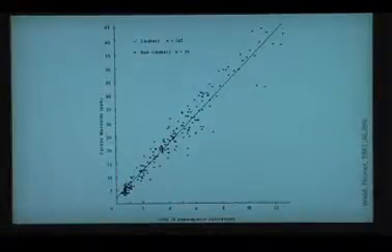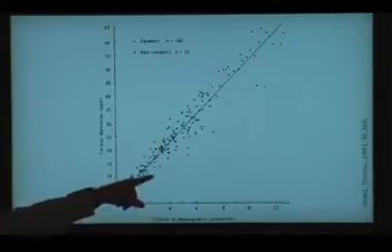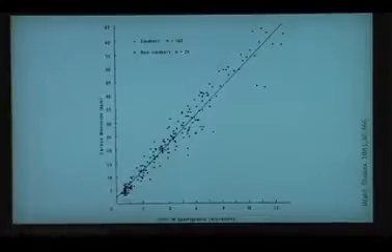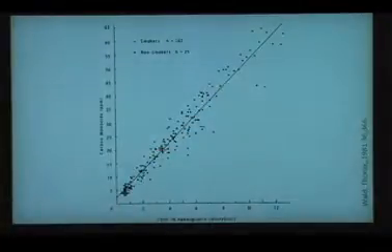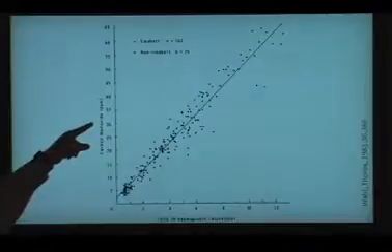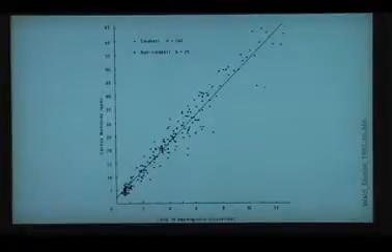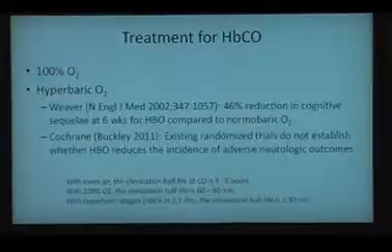I won't ask who was born then, but this was way back in 1981, looking at exhaled carbon monoxide in parts per million and the blood carboxyhemoglobin level. I think this is venous blood. And you can see there is a pretty reasonable relationship between the amount of CO in the exhaled breath and the carboxyhemoglobin level. And one of the places this has been used is in smoking cessation programs. I'll get back to that in a minute.